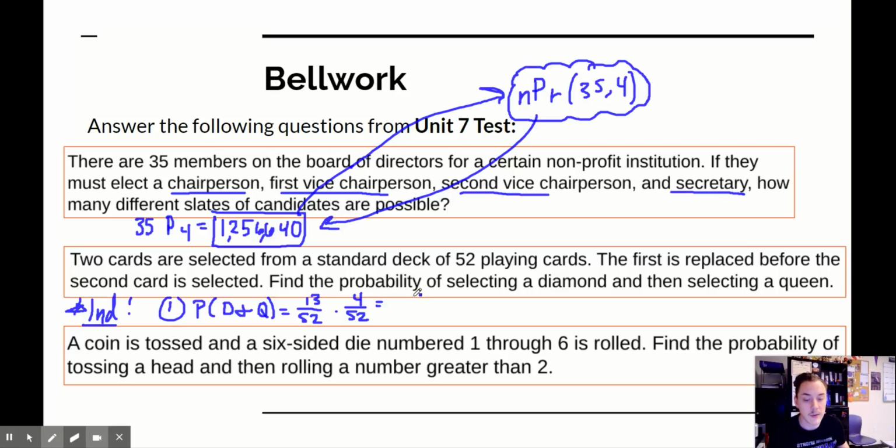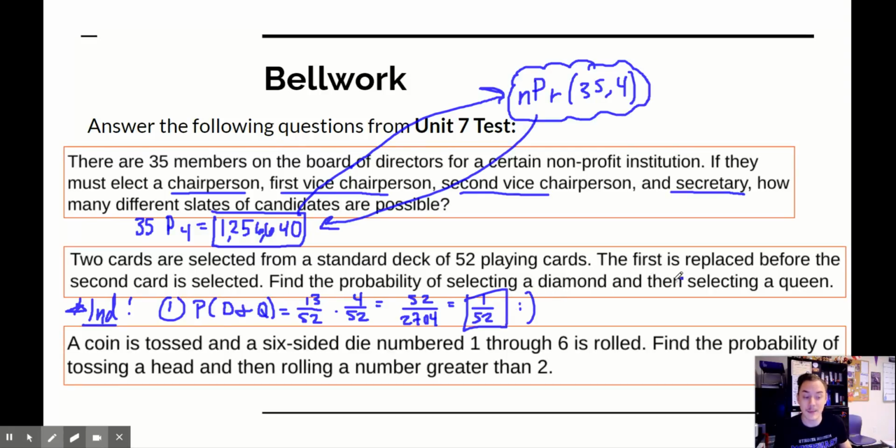So 13 times 4 is 52, but 52 squared, or 52 times 52, is going to be 2,704. So when I simplify this, so 52 all over 2,704, this actually gives me 1 out of 52.